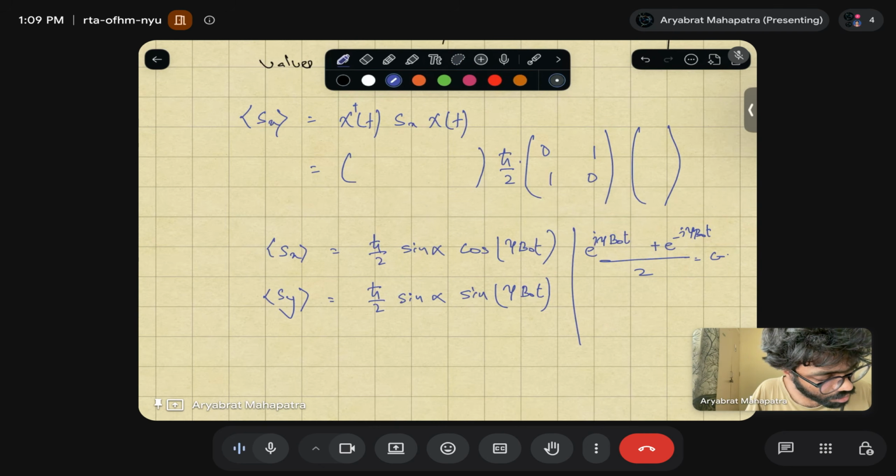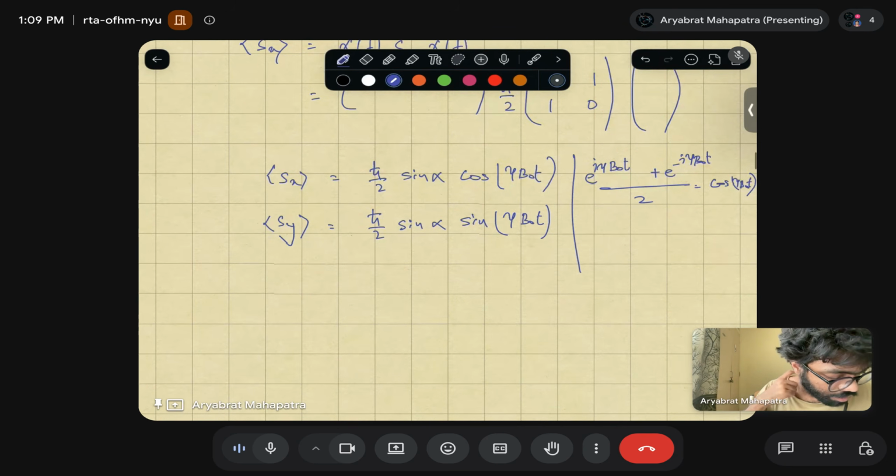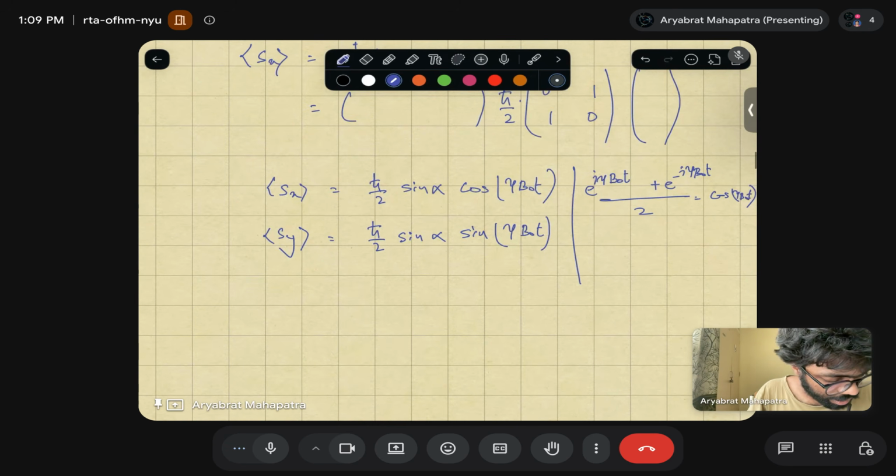Similarly, you will have some relation for Sy as well. Then you can do the same calculation for Sz, and Sz will give you h bar by 2 cos alpha.